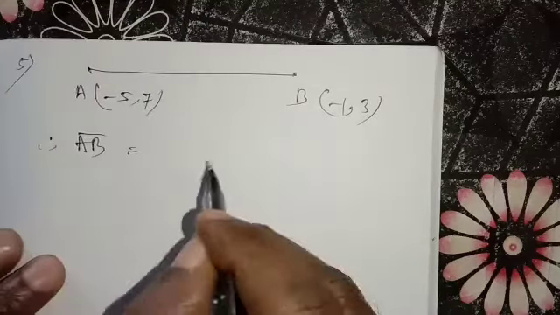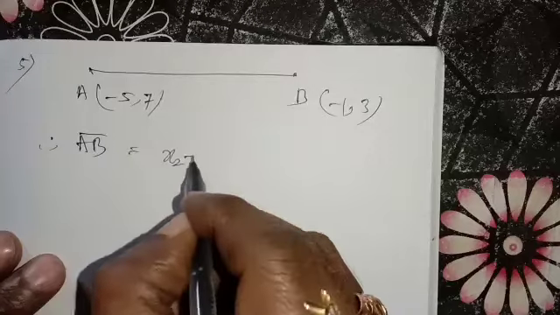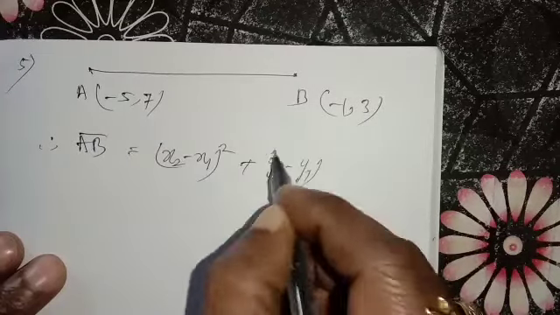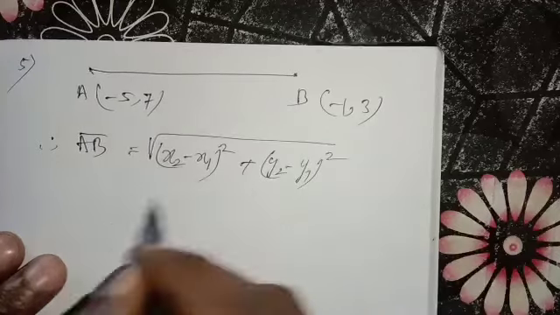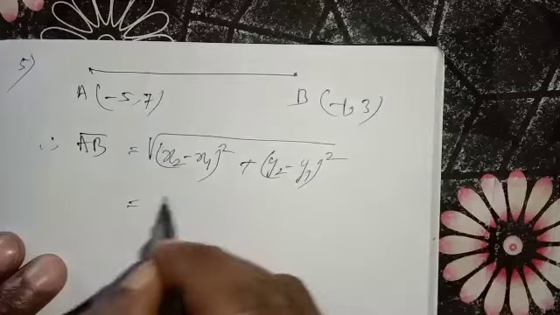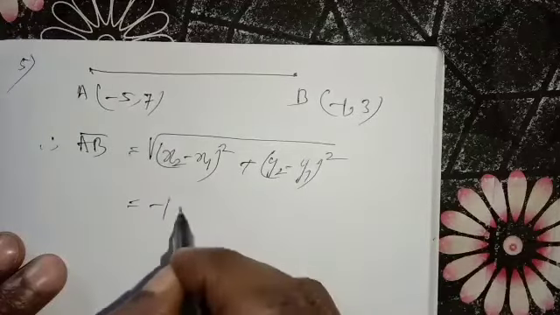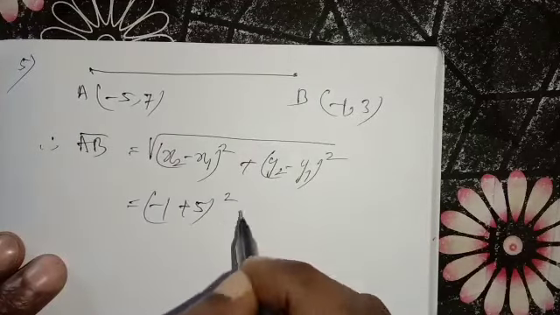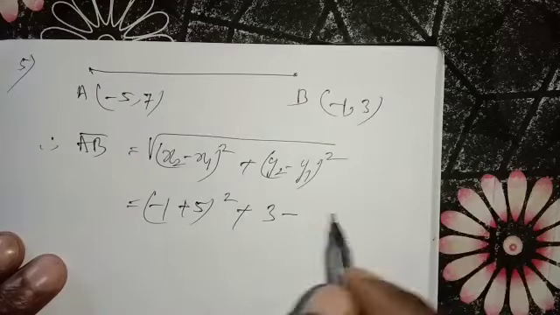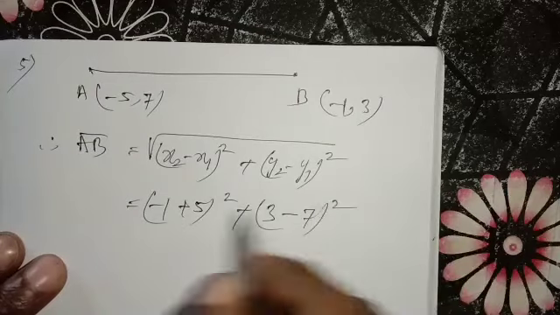Use the distance formula. What is the distance formula? Square root of x2 minus x1 whole square plus y2 minus y1 whole square. So here x2 means minus 1. Minus 1 minus of minus 5 is plus 5 whole square, plus y2 means 3 minus y1, that is 7.